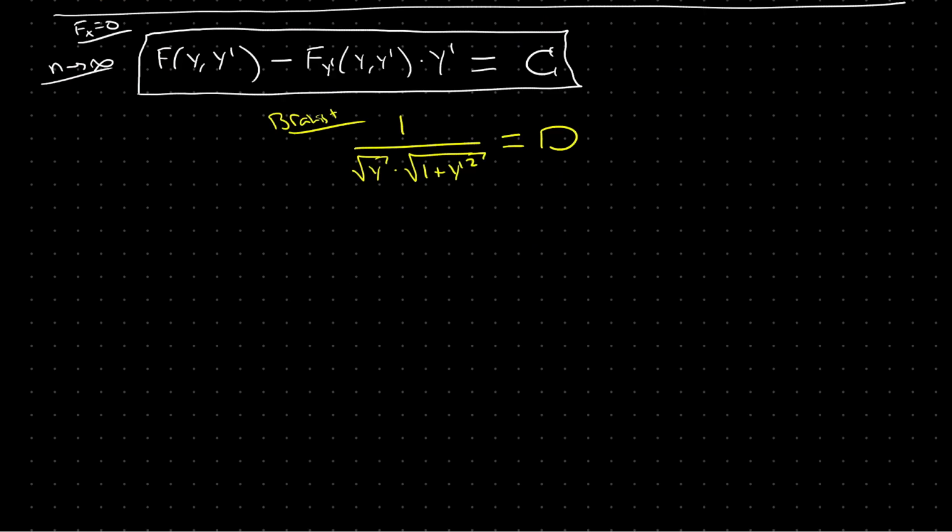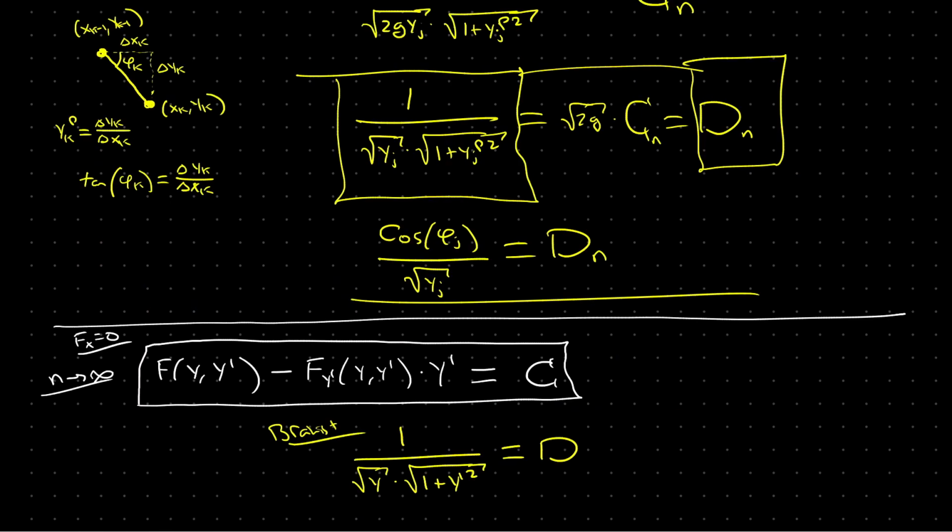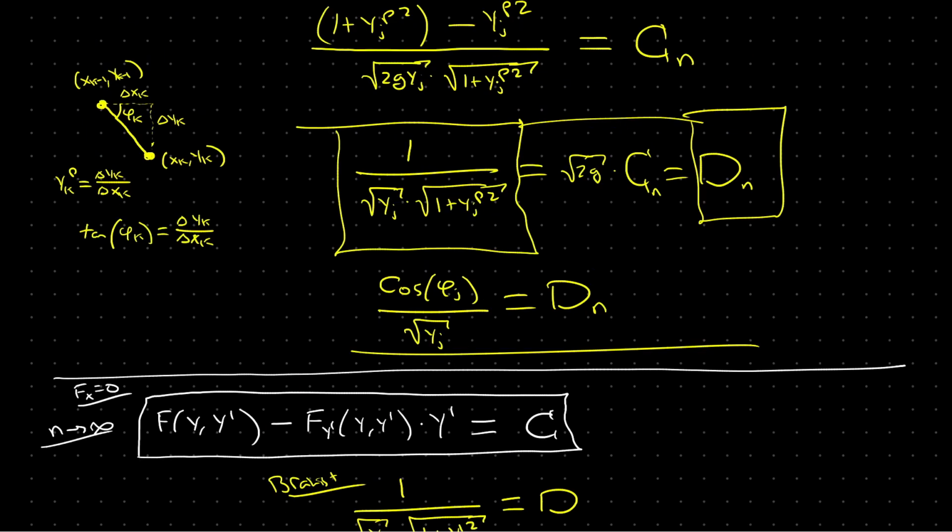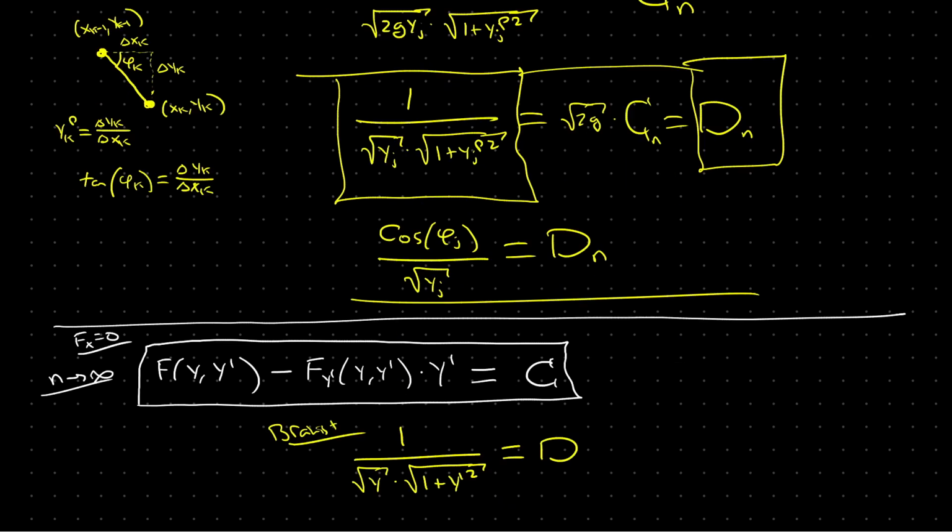To solve this differential equation for the Brachistochrone problem, remember what we noticed geometrically about this 1 over the square root of 1 plus yk prime squared. In the limit, this yk prime is going to go to the derivative at a specific point, the slope of the curve at that point.